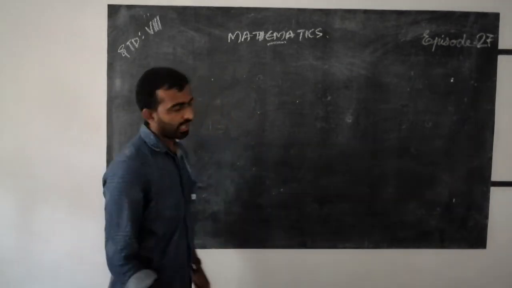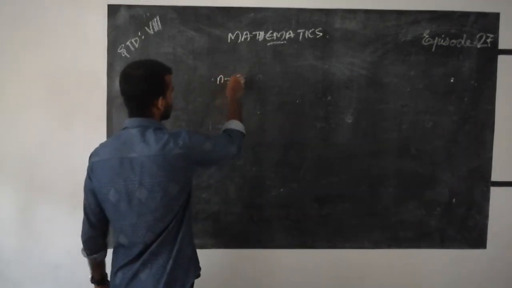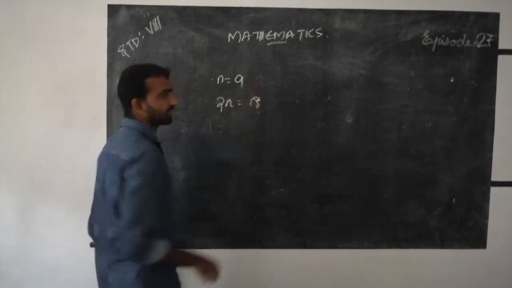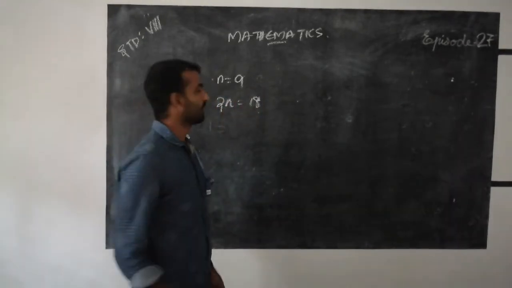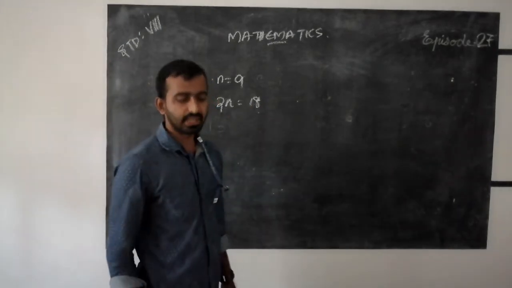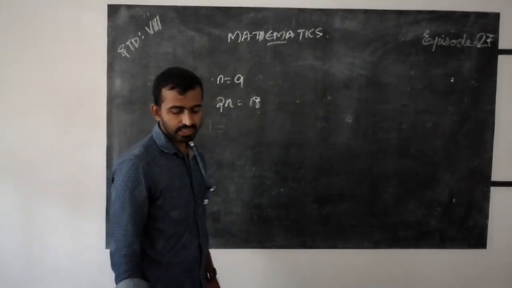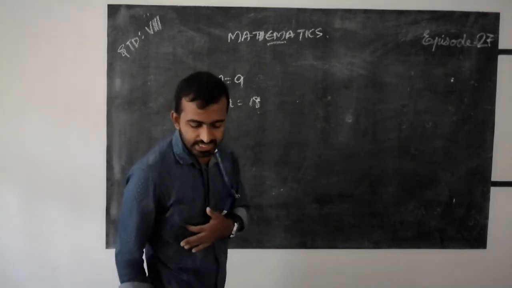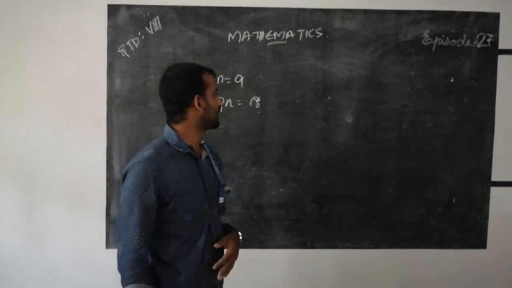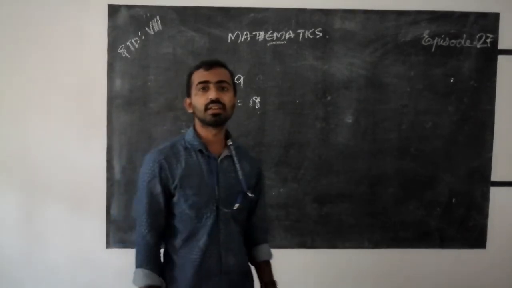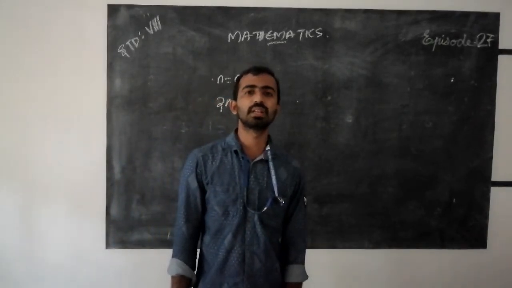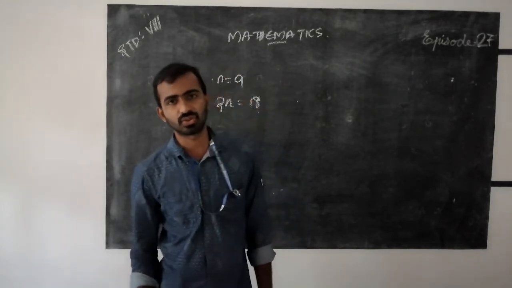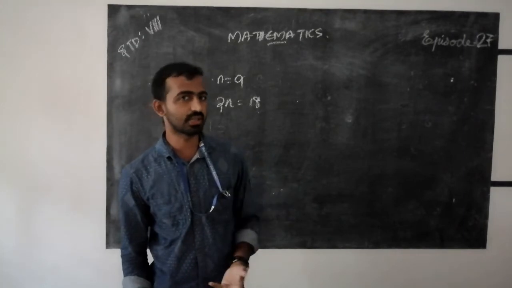That is, n is 9, 2n equal to 18. That is 2 into 9, we get 18. That means 18 natural numbers lie between 9 square and 10 square. Also we already studied that.